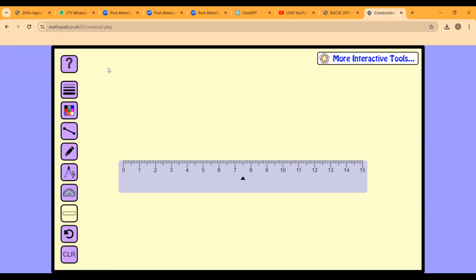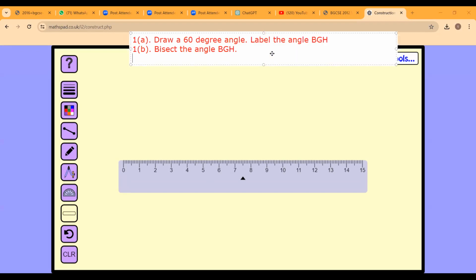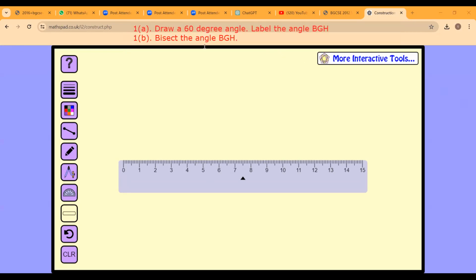The first thing we have to do based on the question is draw an angle. And based on the question, the degrees for the angle is going to be 60 degrees. So this is BGH, and the degrees of this angle is 60 degrees. So draw a 60-degree angle, label the angle BGH. Then we're going to need to bisect the angle. So the first thing we have to do is draw the angle.